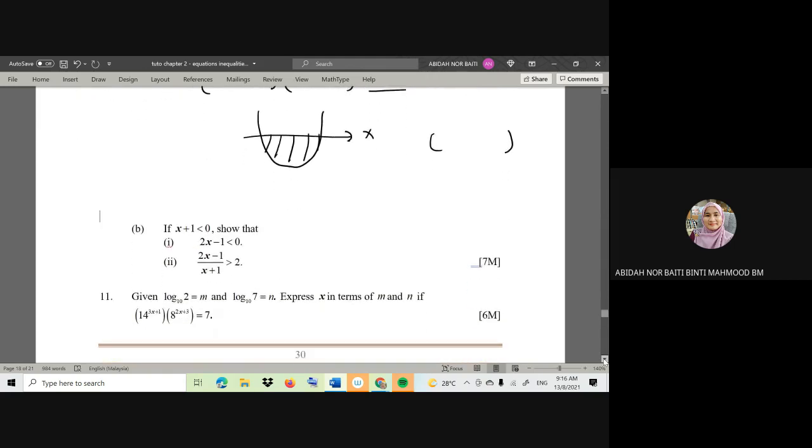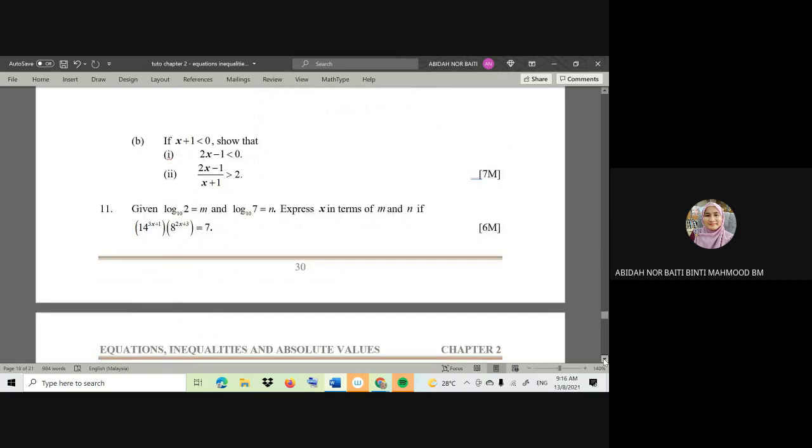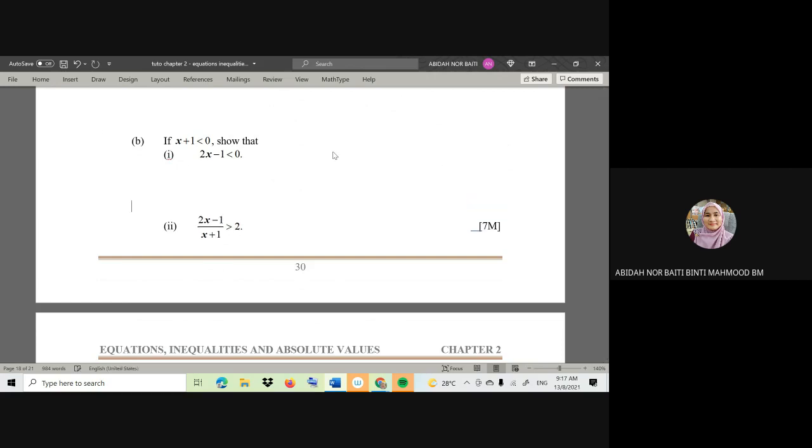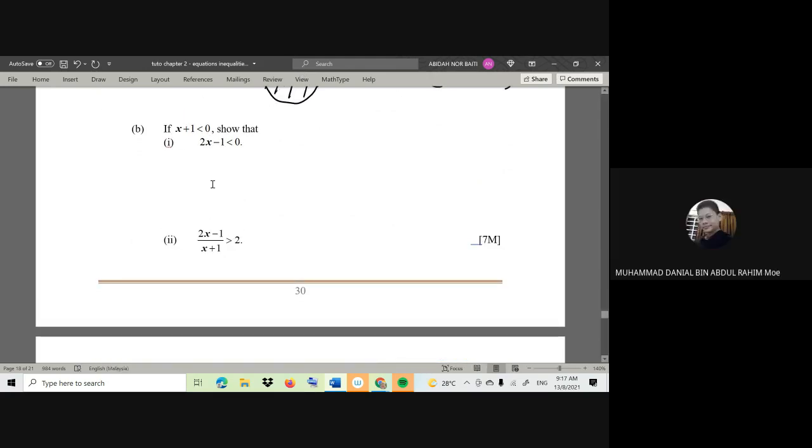Okay, for question B, macam mana nak buat question B tu? If x plus 1, show that. Macam mana kamu buat tu? Yang Roman 1 tu. Dia kena tunjukkan lah nak jadikan 2x tolak 1 sampai ke x tambah 1 balik.